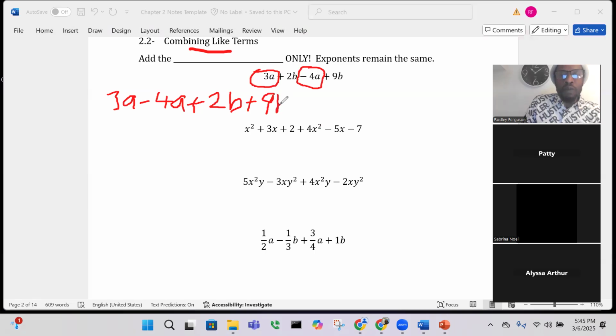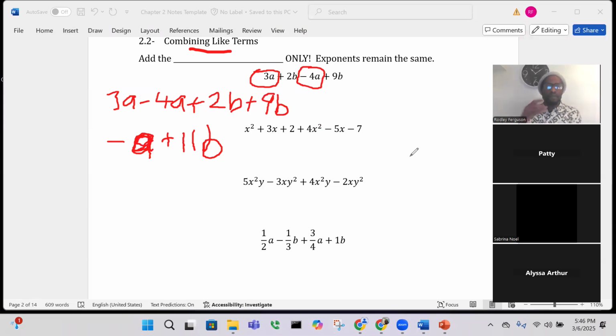This becomes a sign rule where you have to know how to add and subtract signs. 3a minus 4a is minus a, or 1a, whichever you want to say, plus 2b plus 9b is 11b. So the answer is negative a plus 11b. That's you combining like terms.